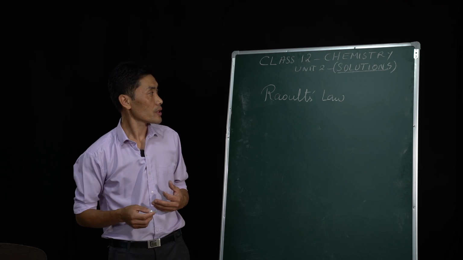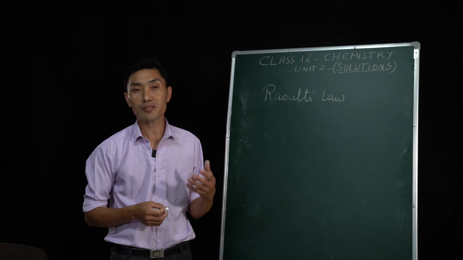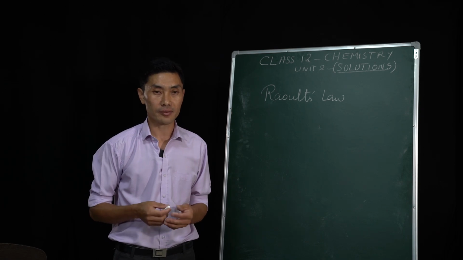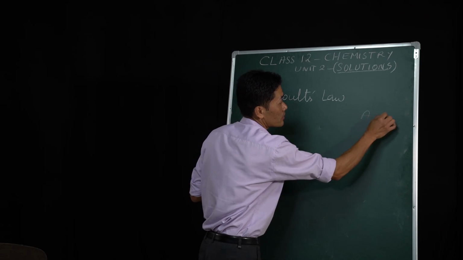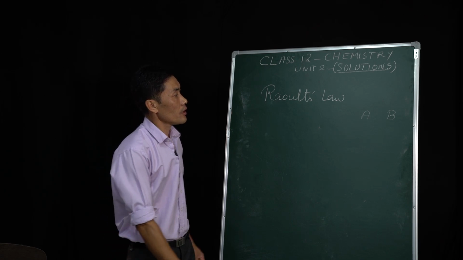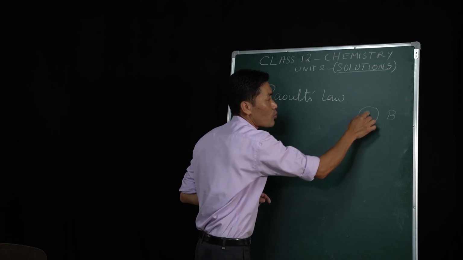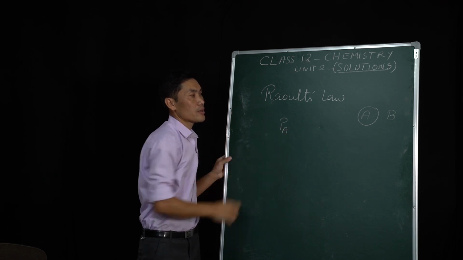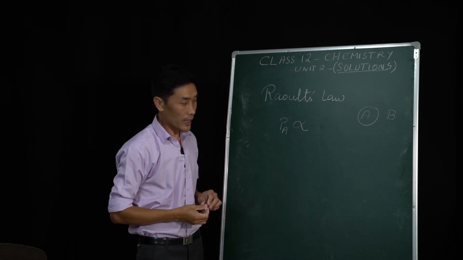Raoult's law, in its general form, states that the partial pressure of any volatile component in a solution is proportional to its mole fraction. So if we have two components A and B making up a solution, according to Raoult's law, the partial pressure of the component A, let us write PA, will be proportional to its mole fraction.